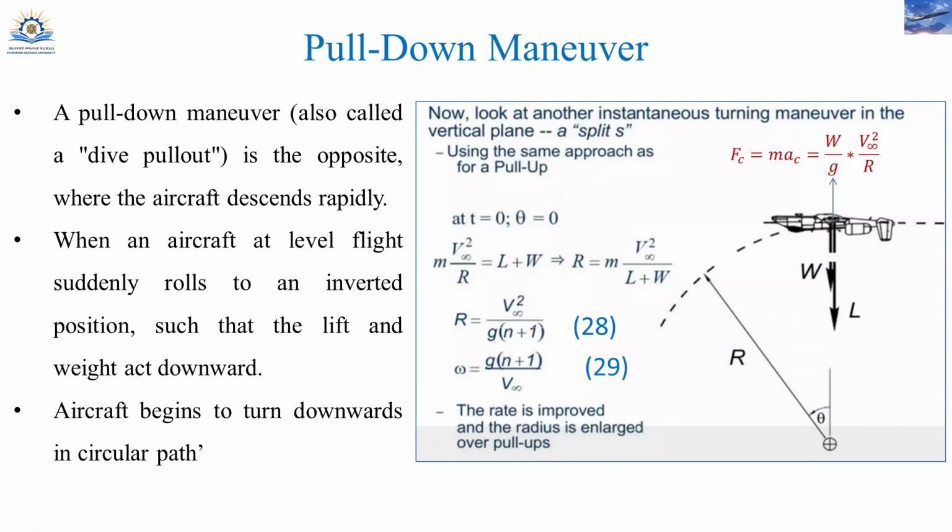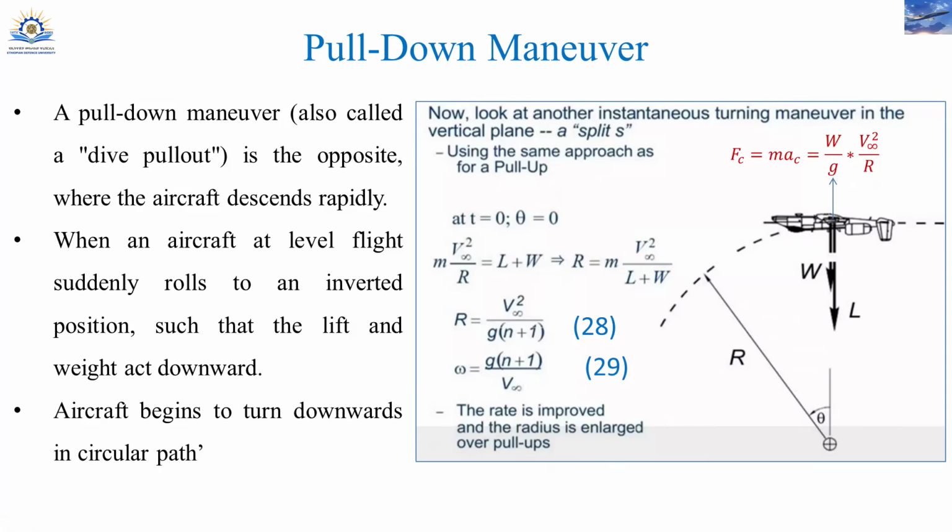So FC, which is mass times V square over R. You can equate it, and finally R is equal to V square over G times (N plus 1). Look at the difference: the previous was N minus 1, now it is N plus 1.